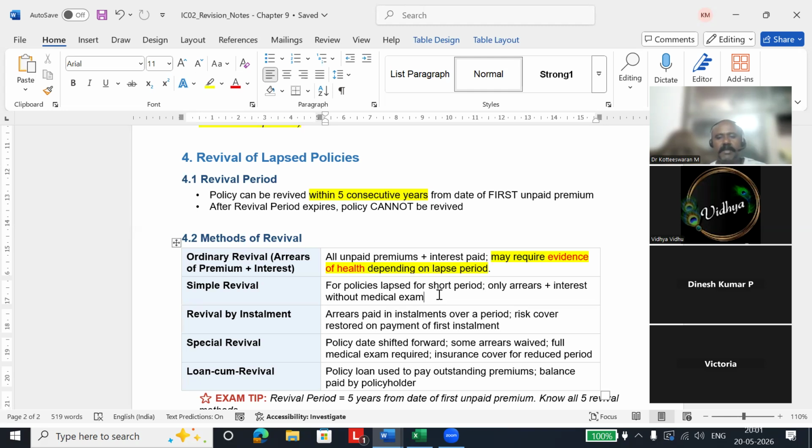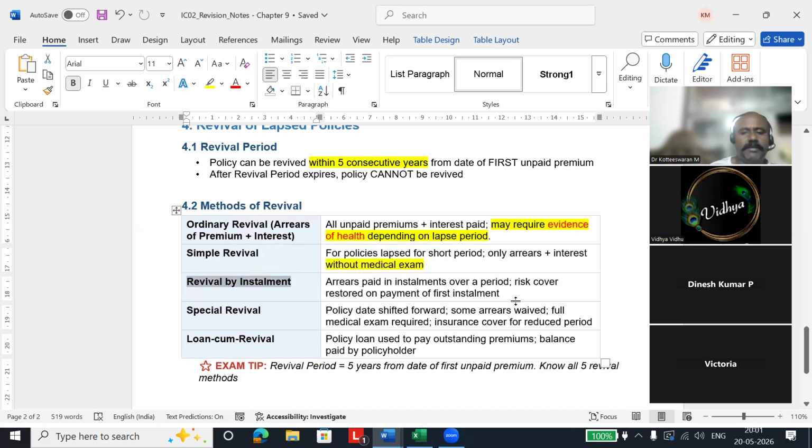This is simple lapse. Very simple lapse. No question of cheating. So for those short lapses, only the arrear premium plus interest you need to pay. No need for medical exam, because it's clearly visible that you want to continue the policy. 20 years policy, 15 years you already paid. So they won't ask for medical exam.